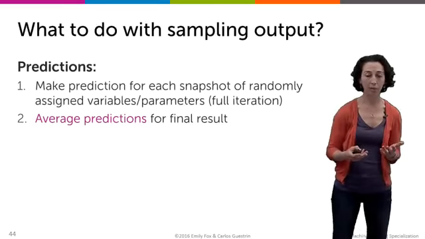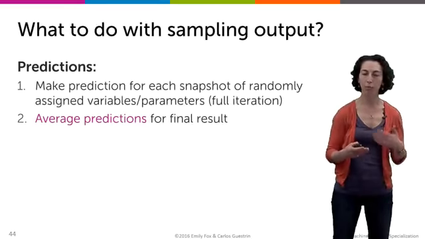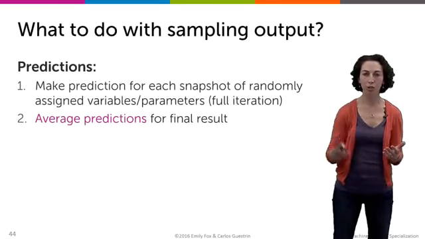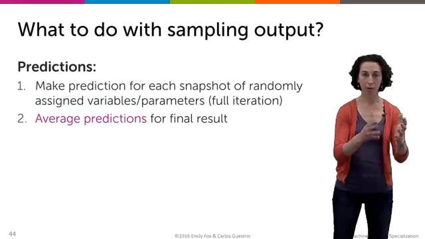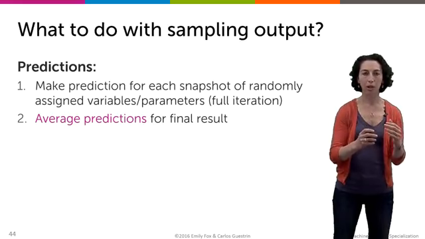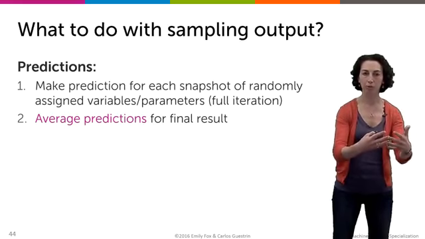And to provide some examples of what this means, if we're thinking of a predictive task, we said that Bayesians average over uncertainty in the parameters. Well, what we can do from the output of our Gibbs sampling is look at a given sample and all the assignments, they're hard assignments, of the model parameters and variables, and form our prediction from that set of assignments.